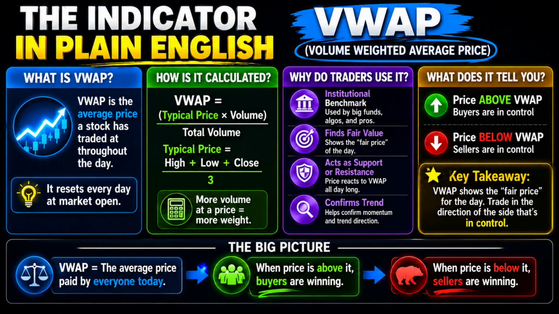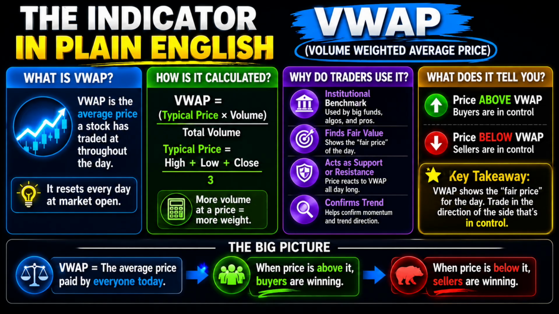VWAP combines price and volume. It takes the typical price, multiplies it by volume, adds that over time, and divides it by total volume. But don't get lost in the math. The key takeaway is this. VWAP is not just asking what is the average price, it is asking where did the most meaningful trading happen?